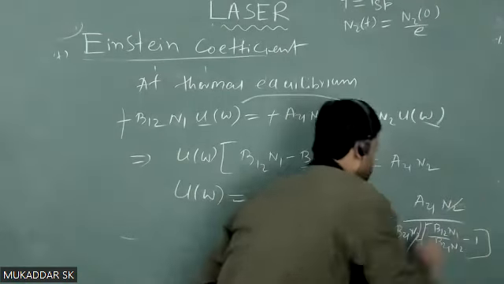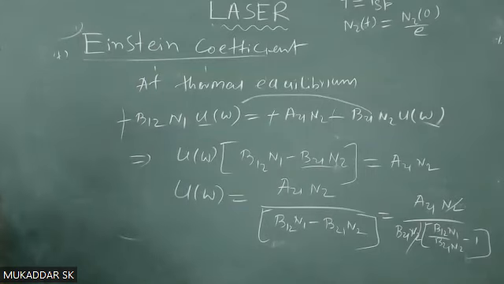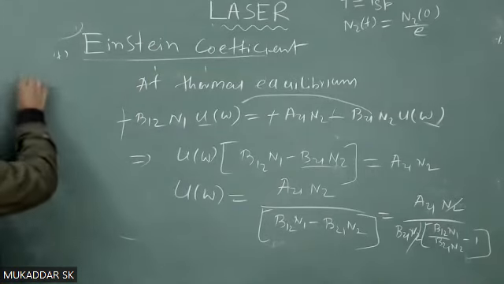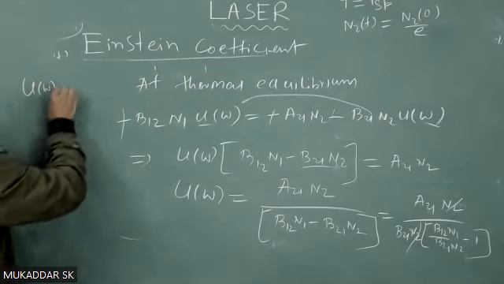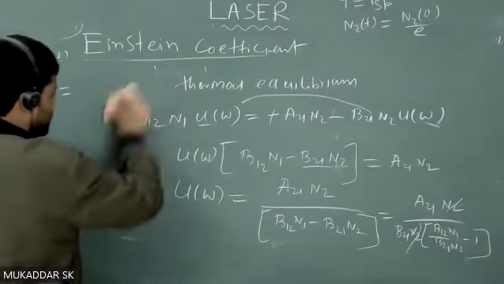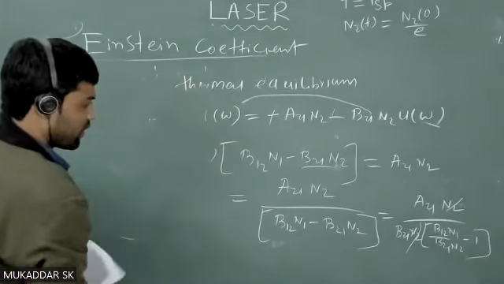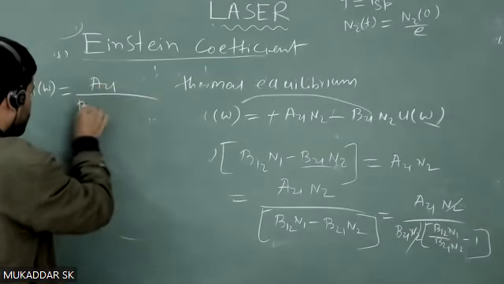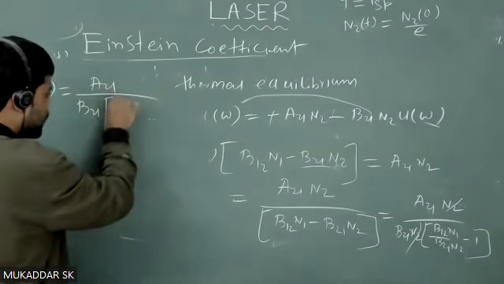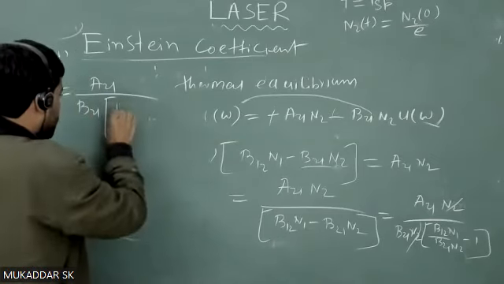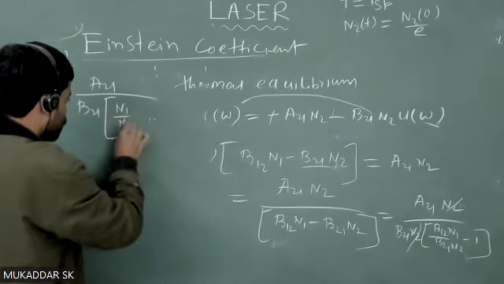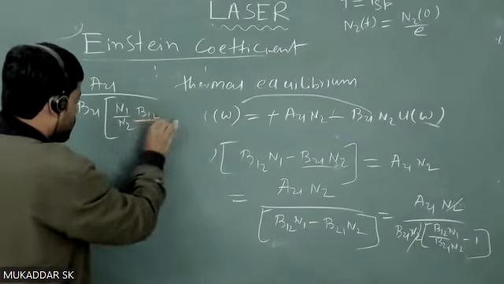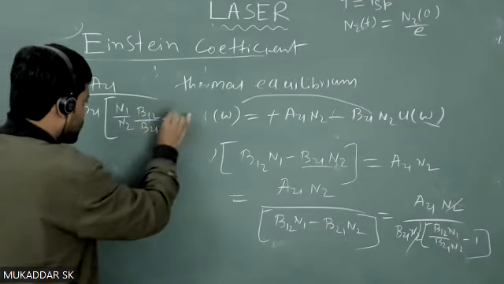And this N2 will be cancelled. I'll get that the energy density of the incoming photon will be A21 by B21 times 1 over (B12 N1 by B21 N2 minus 1).